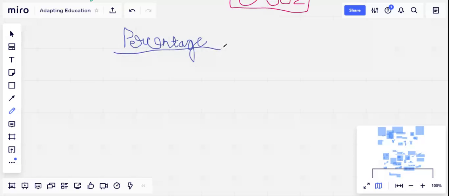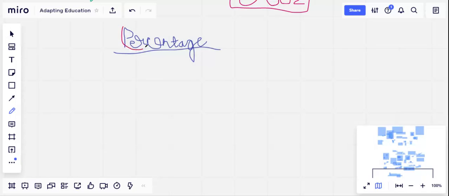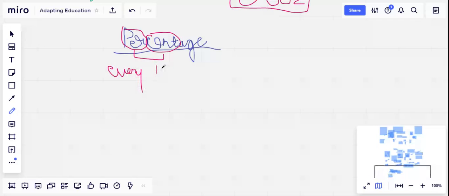Can anybody guess? As the name itself suggests, per cent. I'll just break it down. These are two different words: per means every and cent means 100. Every 100.